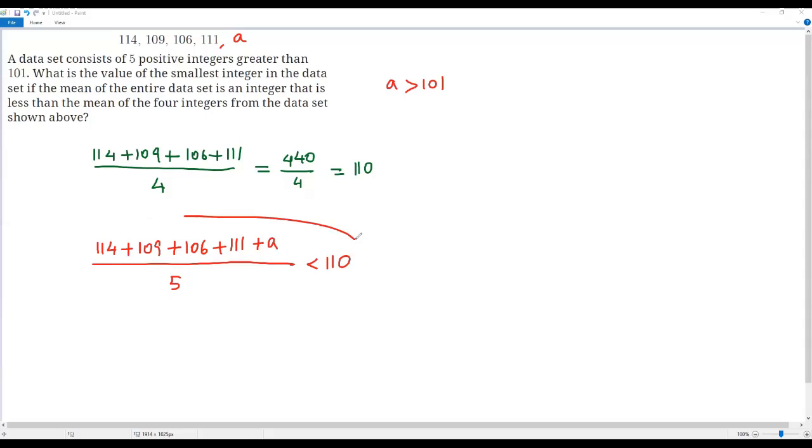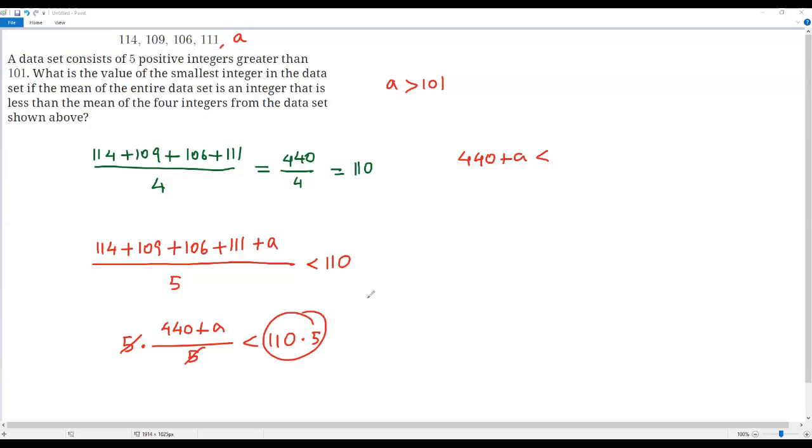Okay, now let's solve for A in this inequality. When I add these four values, I get (440 + A) over 5, which is less than 110. Now we have to solve for A. I'm going to multiply both sides of this inequality by 5 to get rid of the denominator, so the 5 cancels out. I get 440 + A less than 110 times 5, which is 550.